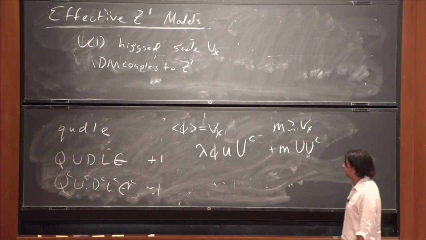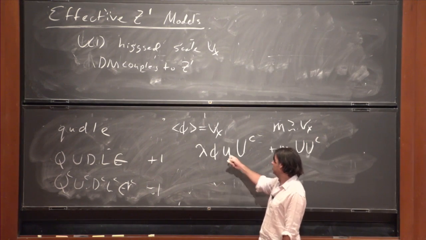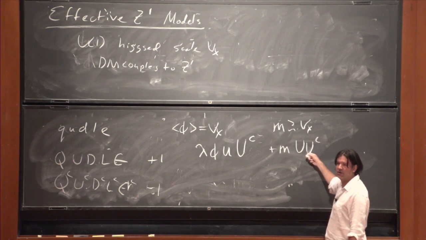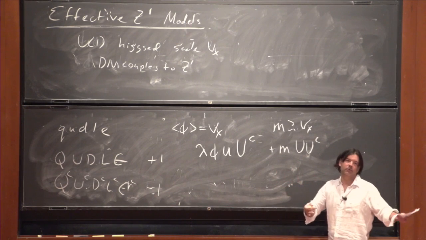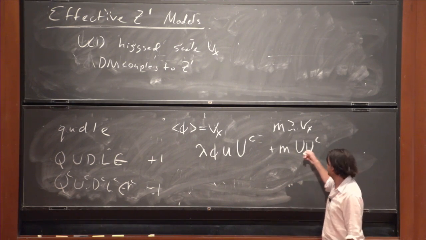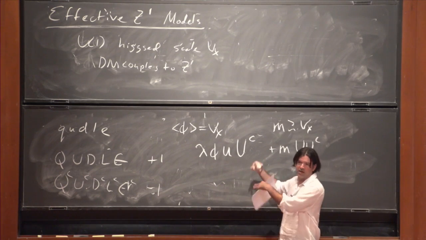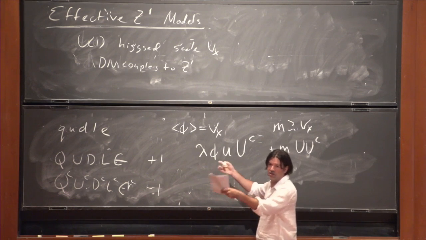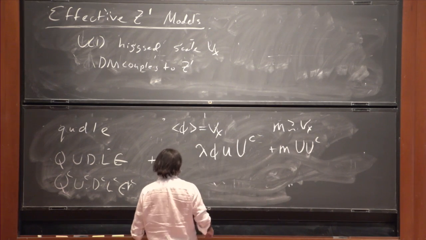Well, if you do this, what happens is that u tries to marry u conjugate, and capital U tries to marry u conjugate, but you have two left-handed fields and only one right-handed field, which means that this u conjugate can only marry one linear combination of little u and big U. So one linear combination is massive, and one linear combination is massless.